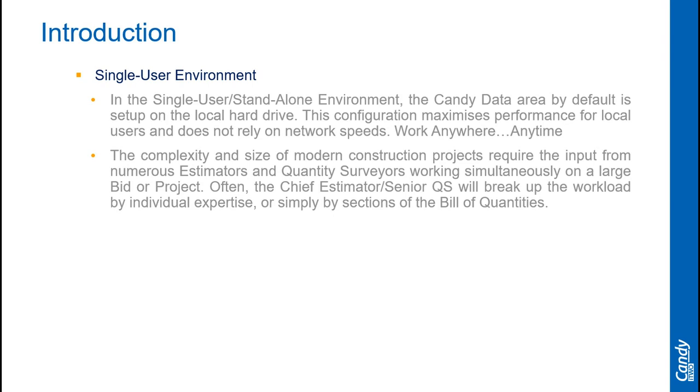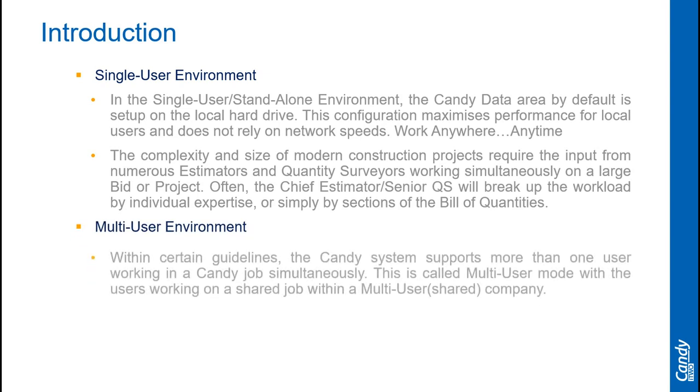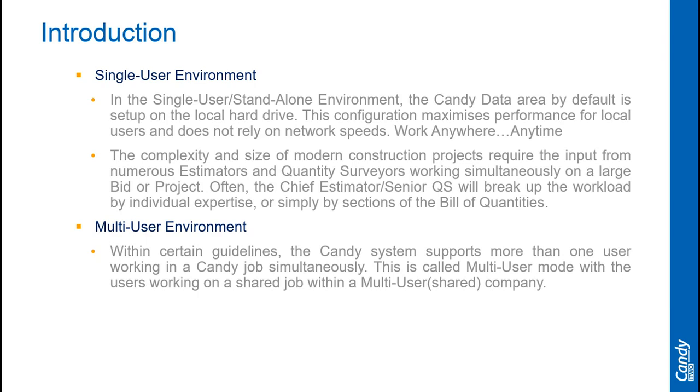You might have QS 1 who's updating the valuation quantities, the progress quantities for building number 1. QS 2 is updating the valuation quantities for building number 2, and so on. Now, in this scenario, where you want more than one user to access or work on the same Candy job at the same time, is where you would use the Candy multi-user functionality.